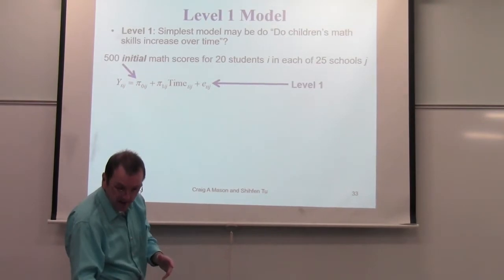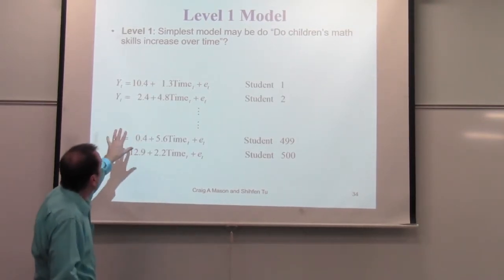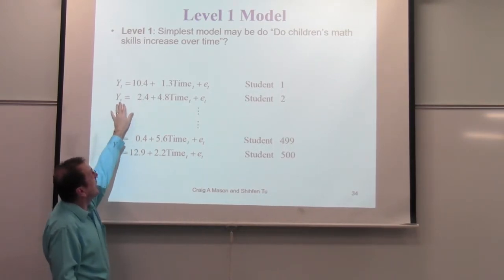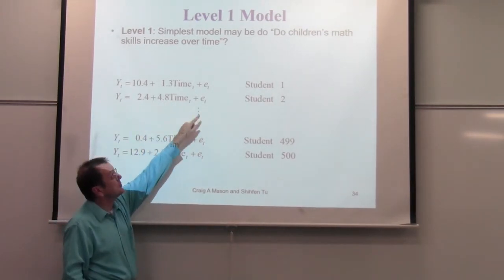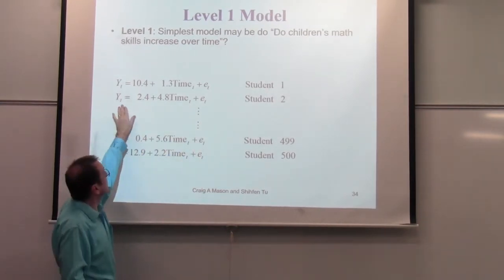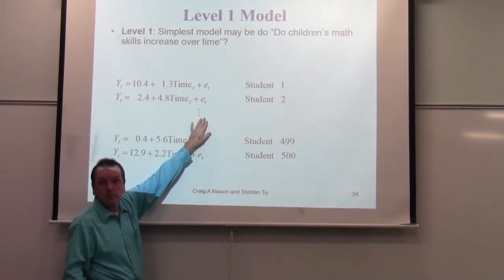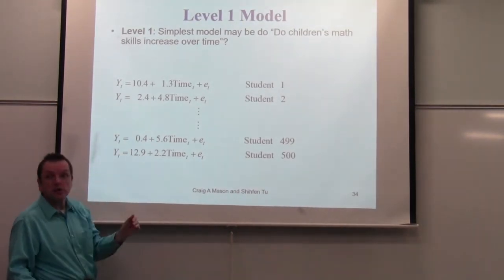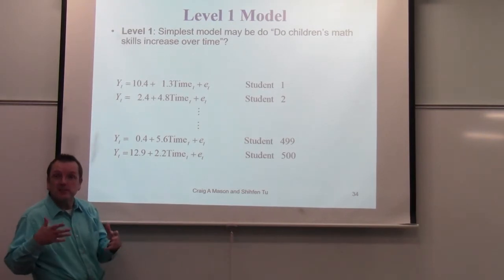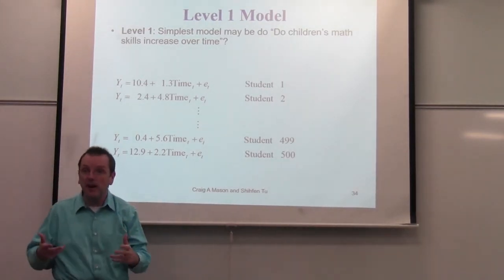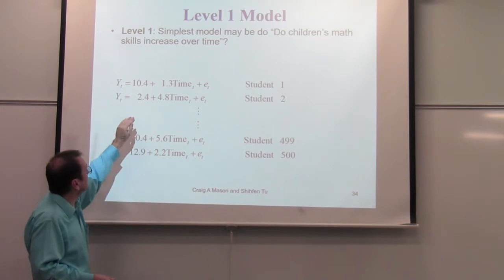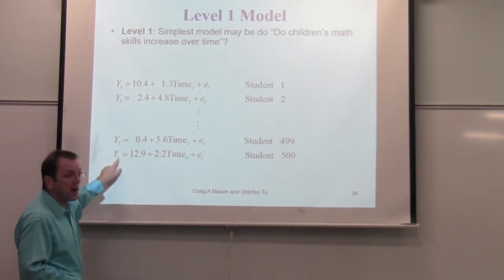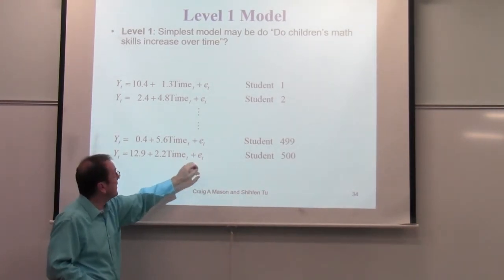If we actually wrote it all out, here's the regression equation for student 1, here's the regression equation for student 2, all the way down to student 500. We have 500 regression equations. We don't see them, but conceptually you can think of them as being there. Each kid has their own regression equation where we're predicting their score at time t.